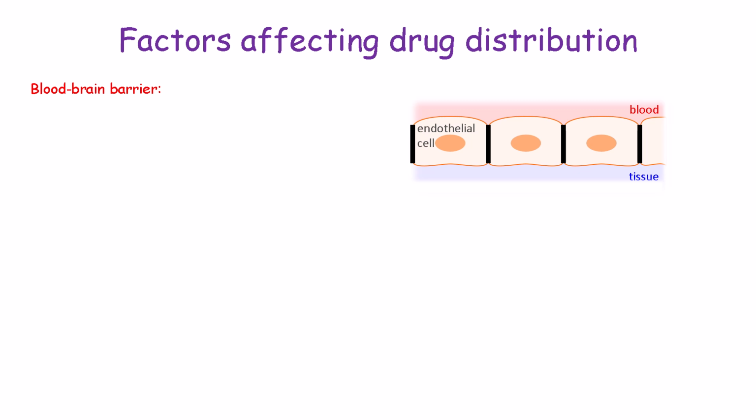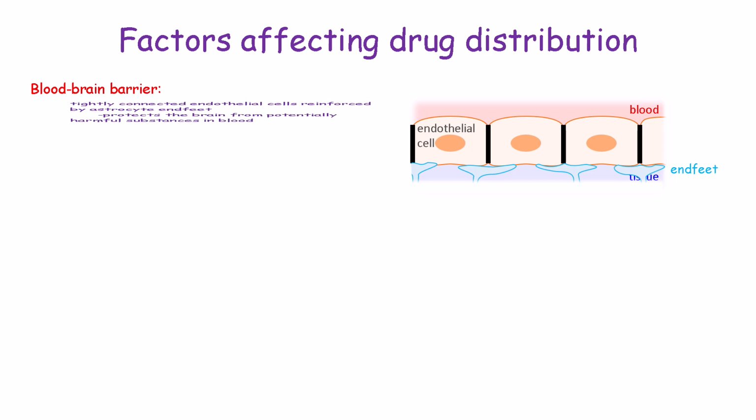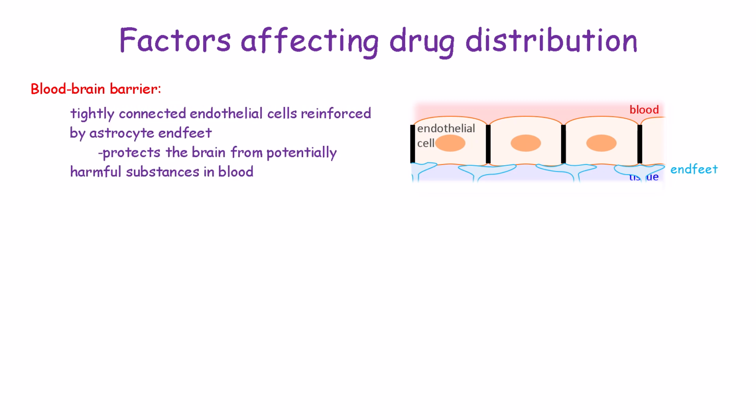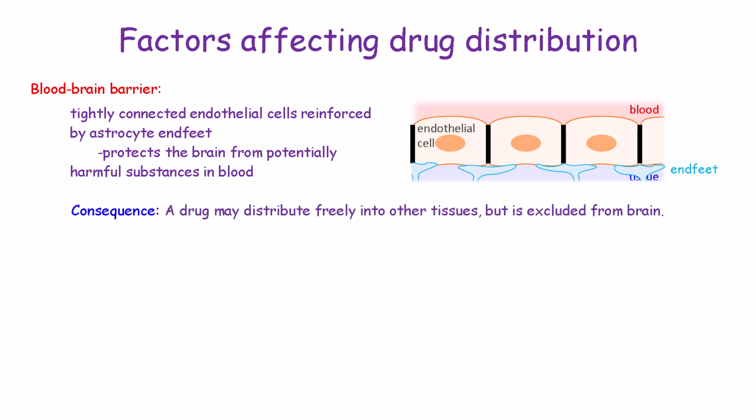The barrier is further reinforced by astrocyte end feet that completely surround the endothelial cells. The function of the blood-brain barrier is to protect the brain from potentially harmful substances in blood. But it means that drugs able to freely distribute into other tissues may have difficulty penetrating the brain.